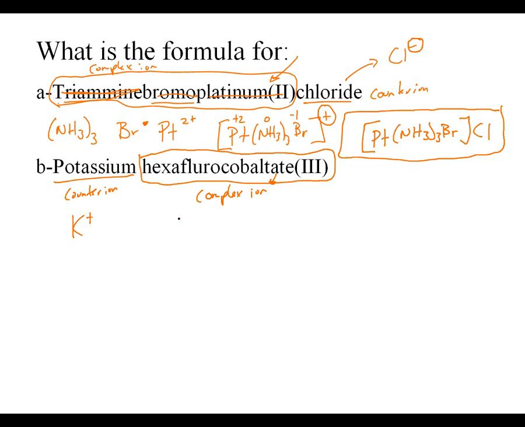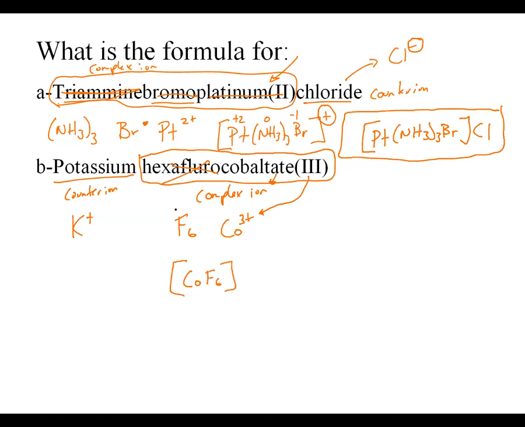Hexafluoro means I have 6 of these fluorines. That's what hexa means. Cobaltate is going to be cobalt with a +3 charge from the Roman numeral there. That is my complex ion part, and it looks something like this.